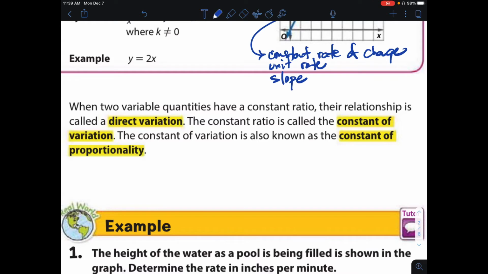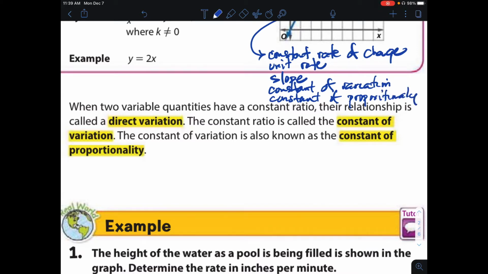The constant of the variation is also called the constant of proportionality. So we can add terms to our constant rate of change, unit rate, slope. So this is now constant of variation. And we can also add another term, constant of proportionality.